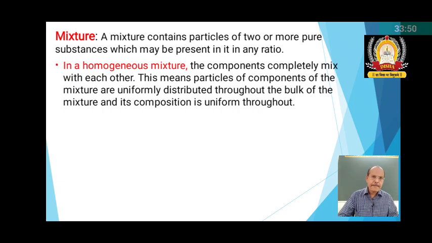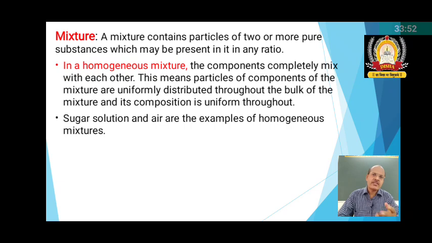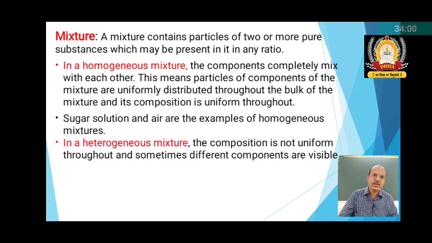Next, examples, as you know already: sugar solution, salt solution, and air are the common examples of homogeneous mixtures. In a heterogeneous mixture, the composition is not uniform throughout. You can take the example of water in oil or oil in water.